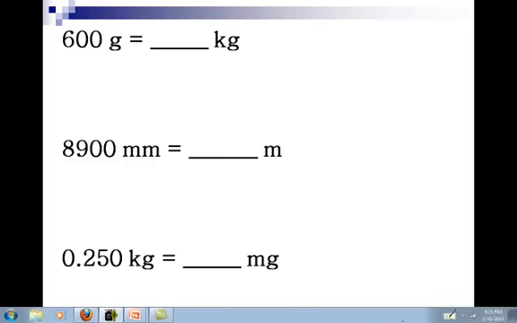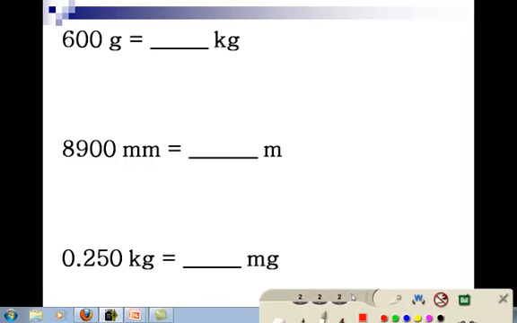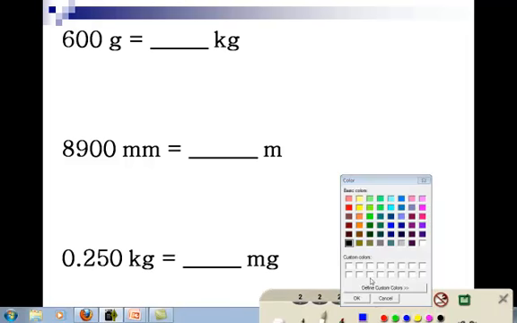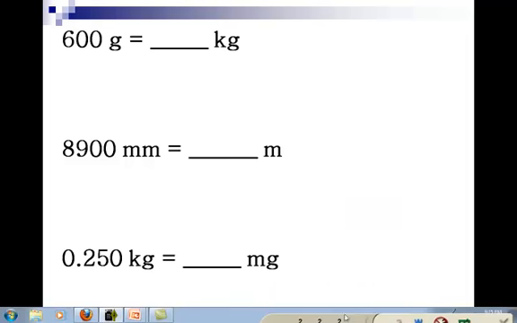Okay, I hope you've checked them, and let's see what we have. Let me change the color a little bit. I'm going to change it to this blue. Won't that be lovely? Okay, and let's look over here. We have 600 grams, and we're going to multiply it by kilograms, that's what I'm looking for, over grams. What is larger, kilo or gram?